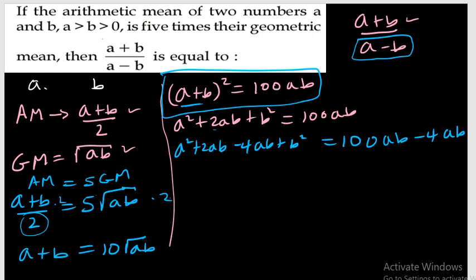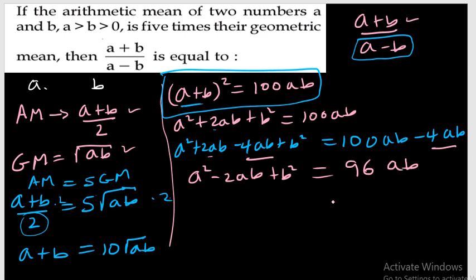I did nothing, I just subtracted 4AB from the left side and from the right side. Why that? Because 2AB minus 4AB leaves A square minus 2AB plus B square on the left side. The other side is going to be 96AB, because 100 minus 4.